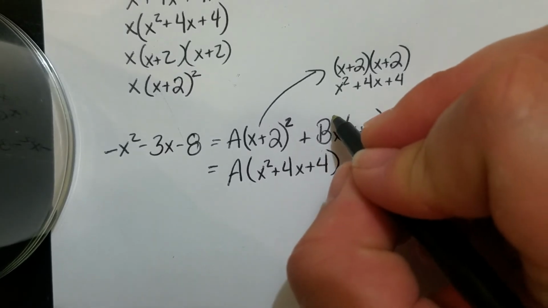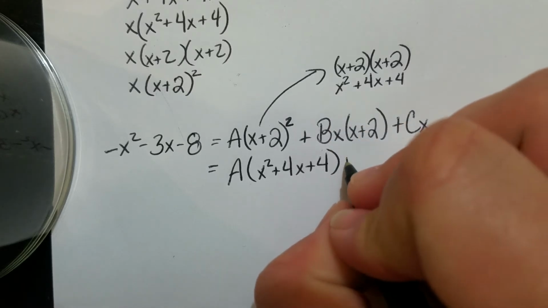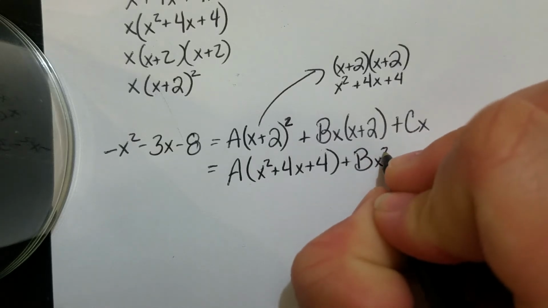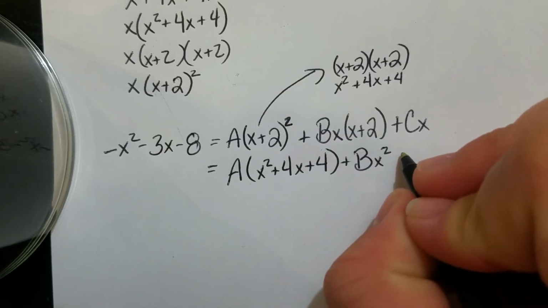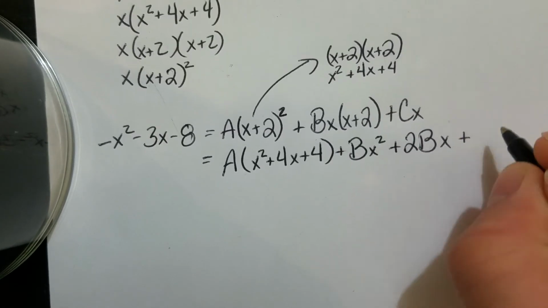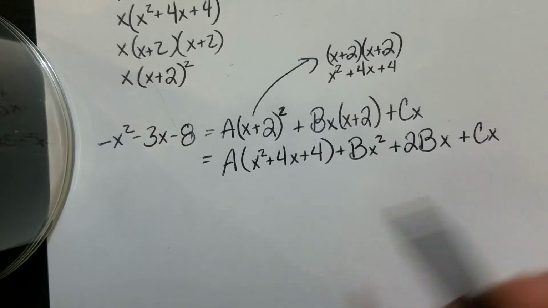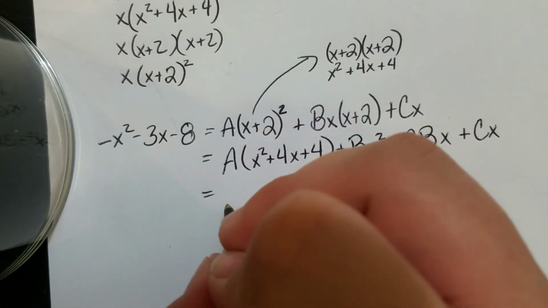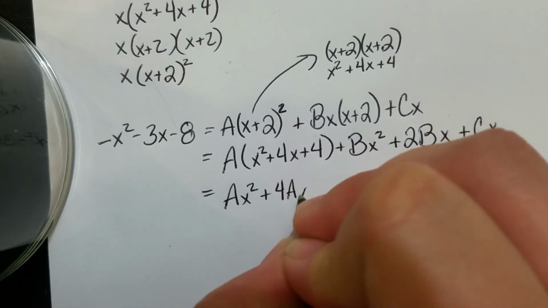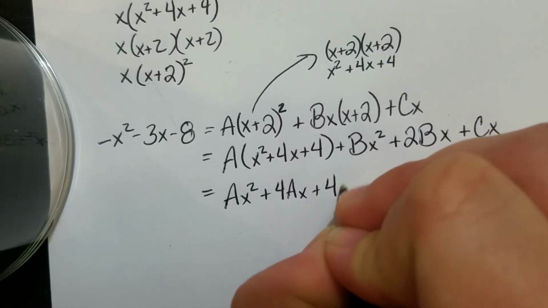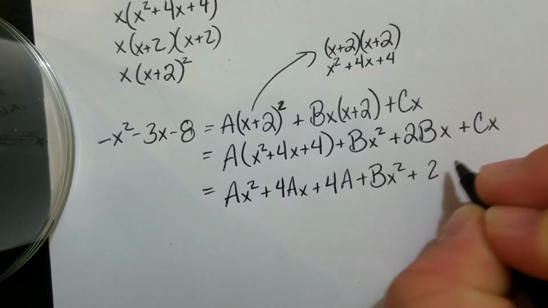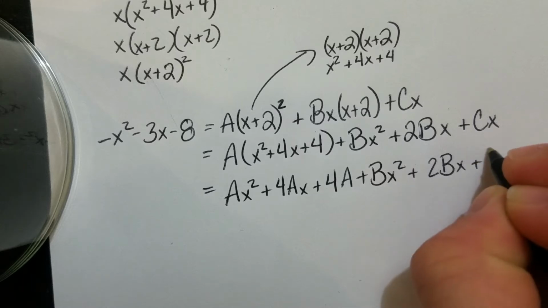This one I need to be careful. I'm doing Bx times both things. So Bx times x will be Bx squared, and then 2Bx. And then Cx. So I'm going to keep expanding this one: Ax squared plus 4Ax plus 4A plus Bx squared plus 2Bx plus Cx.